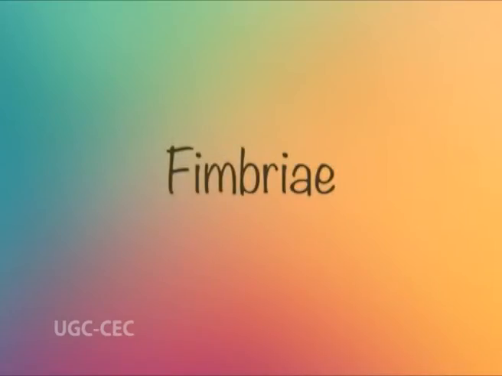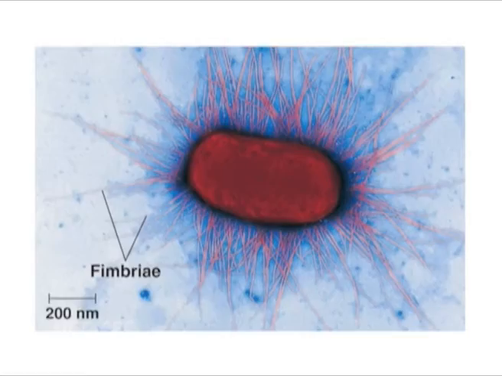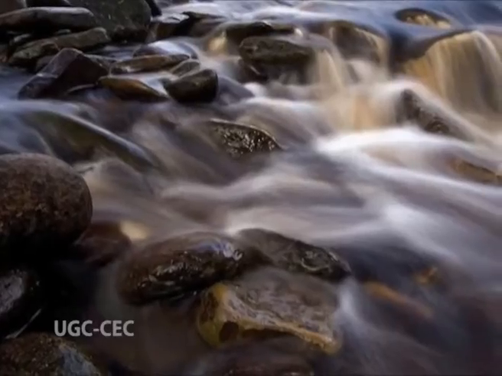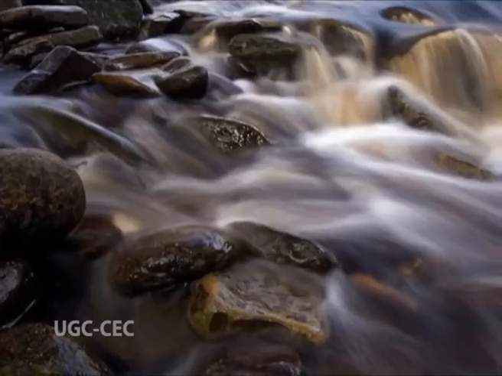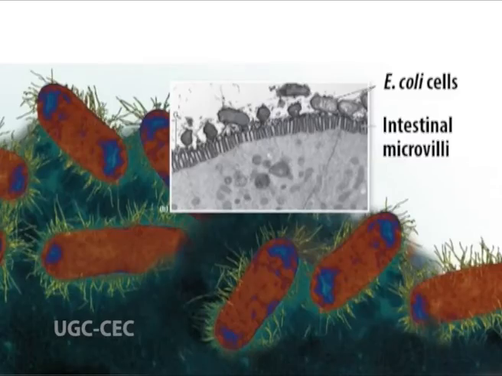Now we will see fimbriae. Fimbriae are small bristle-like fibers which mediate bacterial attachment to solid surfaces such as rocks in a stream and to host tissues.